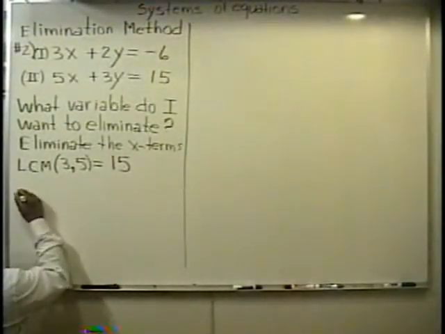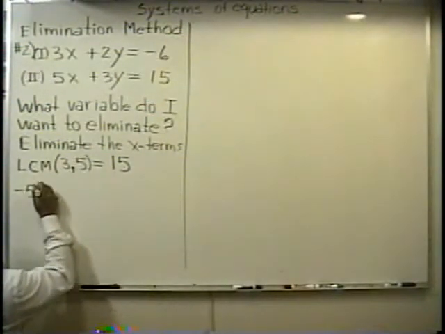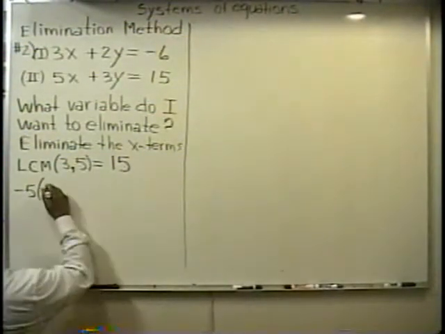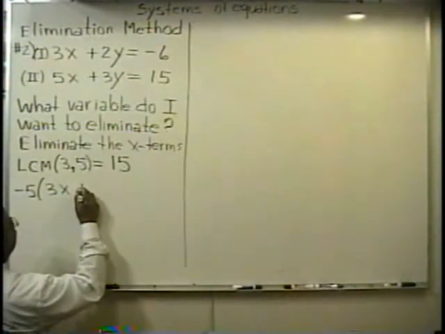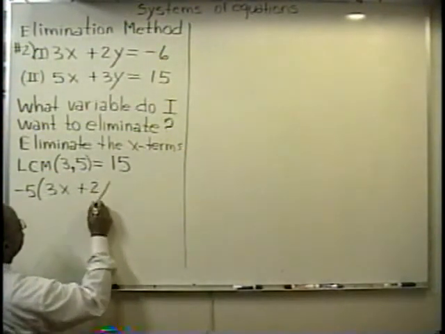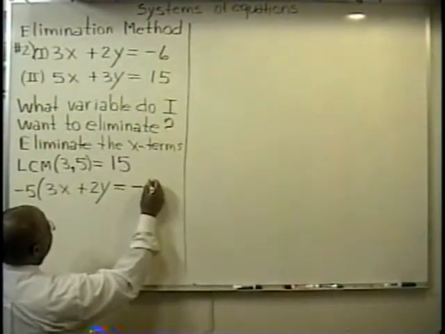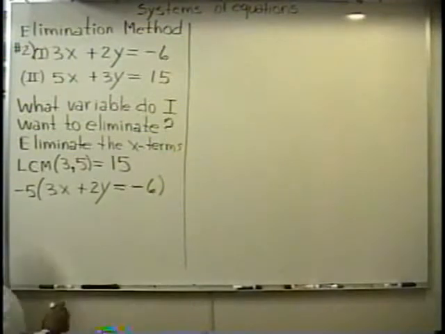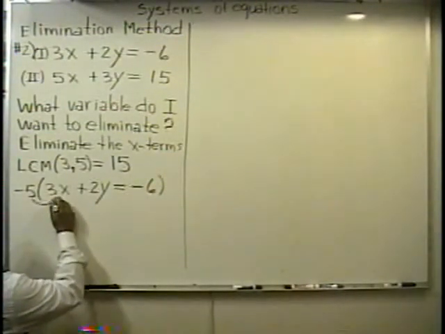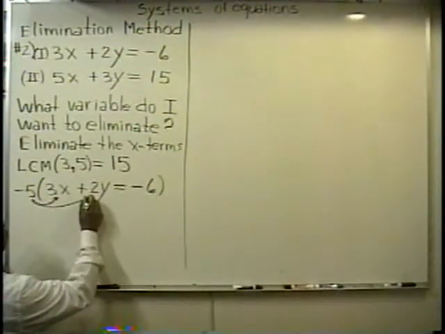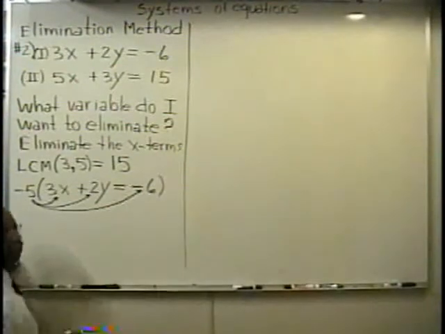So now I go -5 times the entire equation of 3x plus 2y equals -6. Now, using the distributive property, every term of this equation is going to be multiplied by -5.